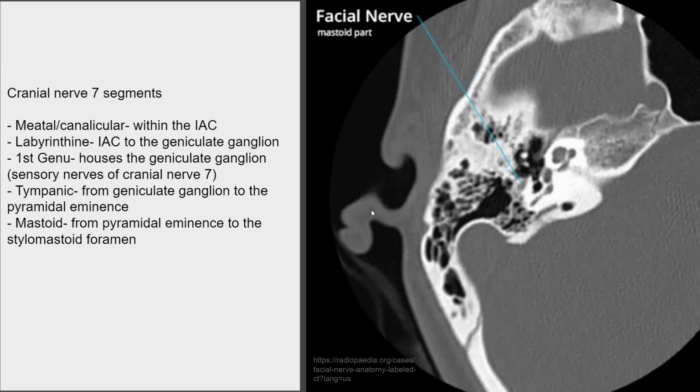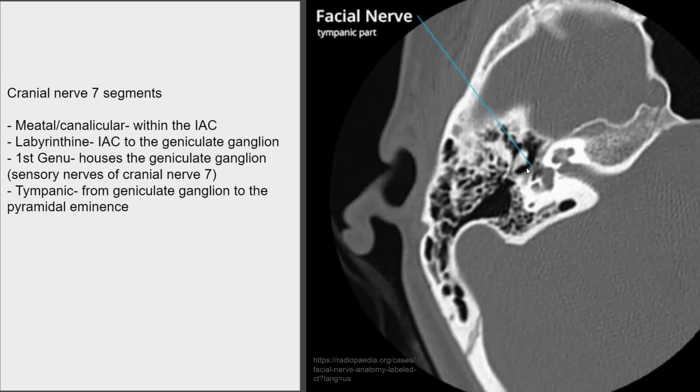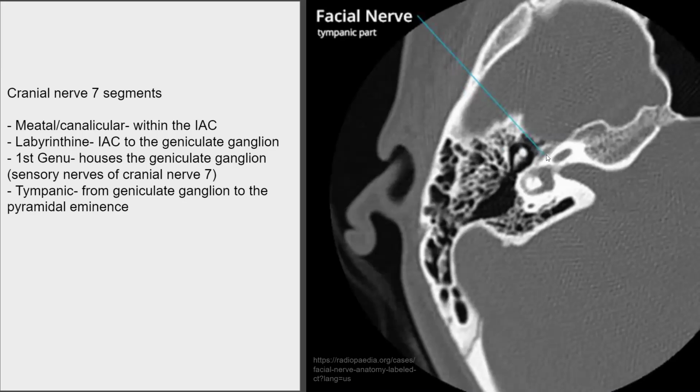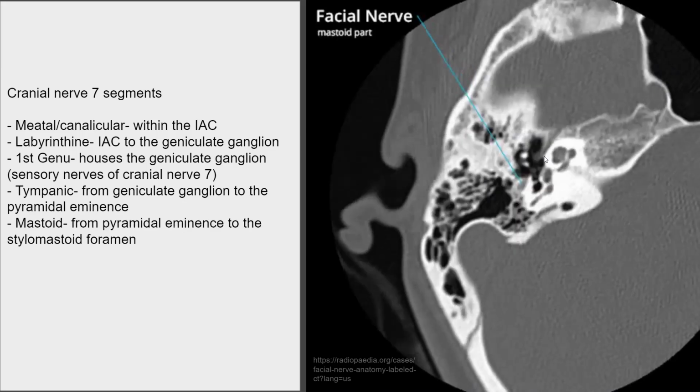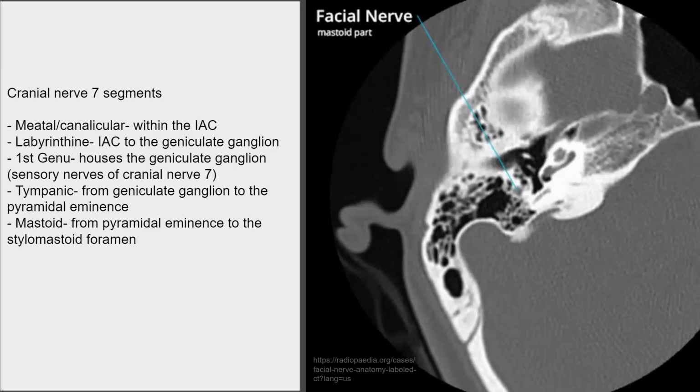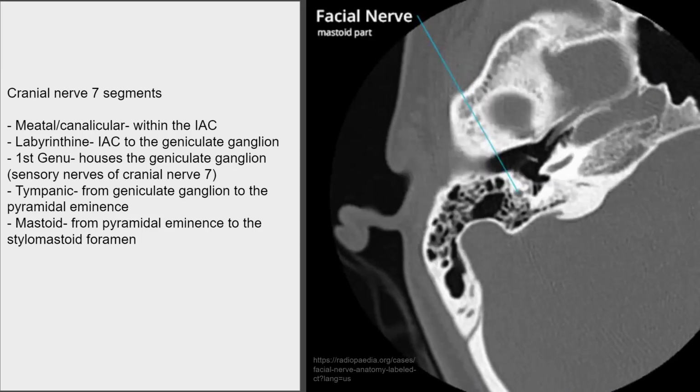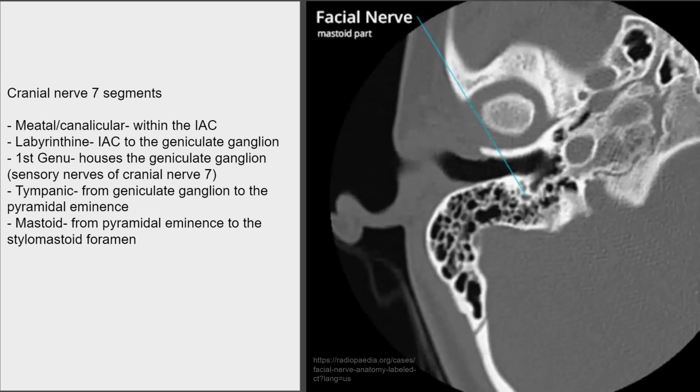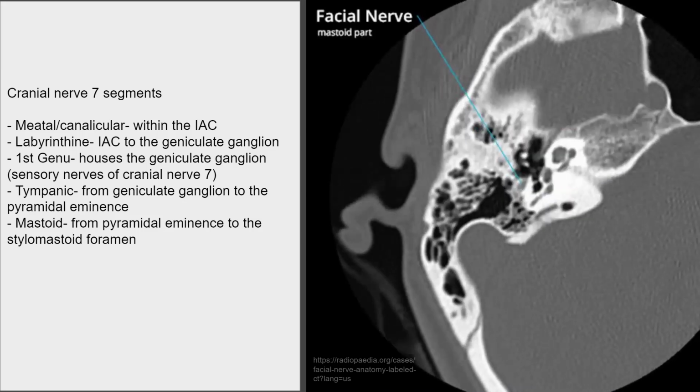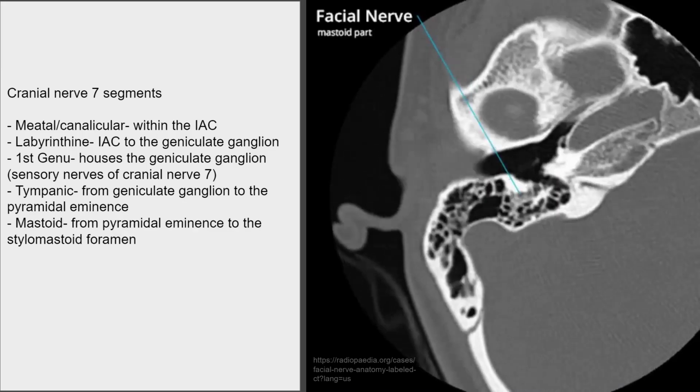We see part of the earlobe out here, and we see the mastoid air cells. But here's the facial nerve; it has this blue line on it, and this tympanic segment again moves parallel to the axial plane, and then eventually we're going to get to a posterior genu, and at that point the facial nerve is going to travel perpendicular to the axial plane, right? So it goes parallel to the axial plane, now it's moving perpendicular.